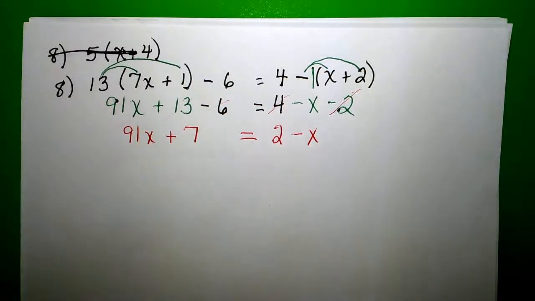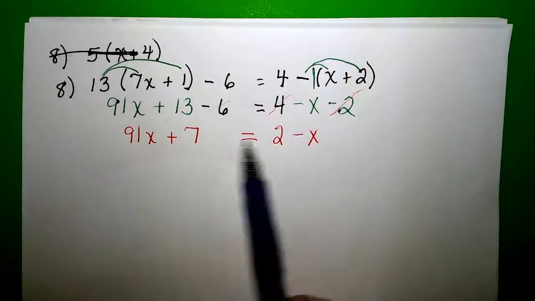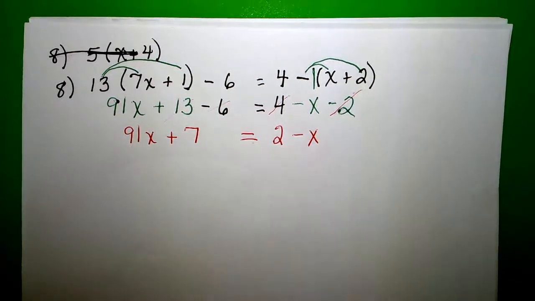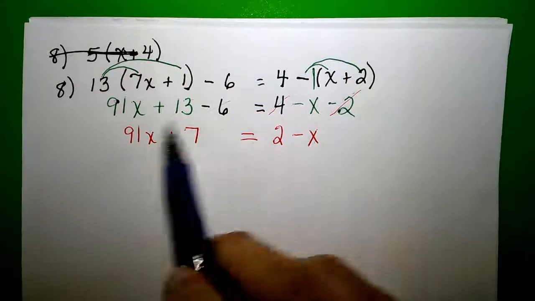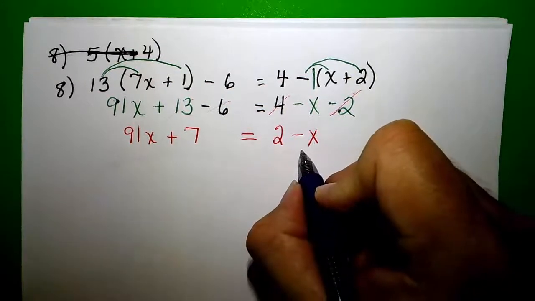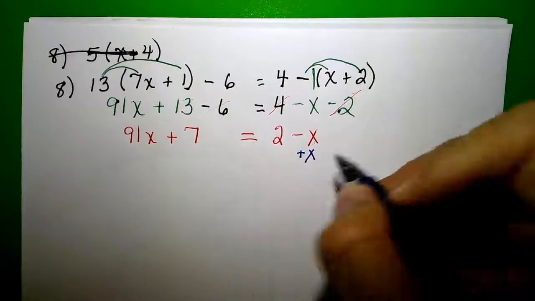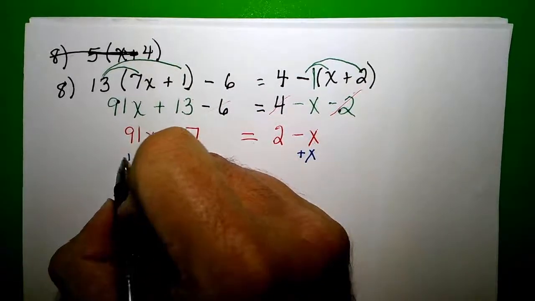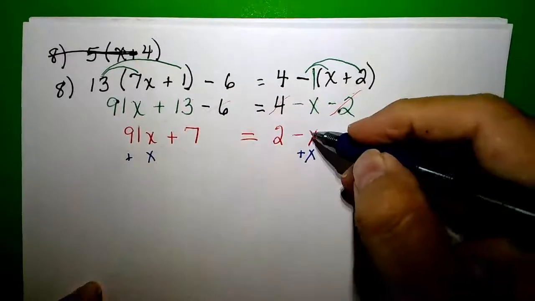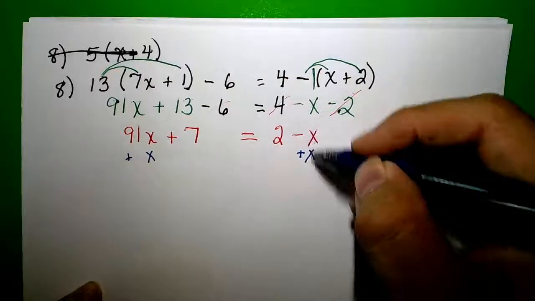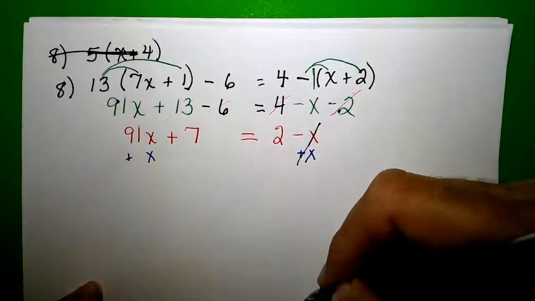So we have the variable on both sides. Let's move all the x's together. I can either subtract 91x, or what can I do to get rid of this x and move it over there? Just add x. That's what I would do. Now when I'm adding, realize this is a 1. Negative 1x plus 1x, that's gone.